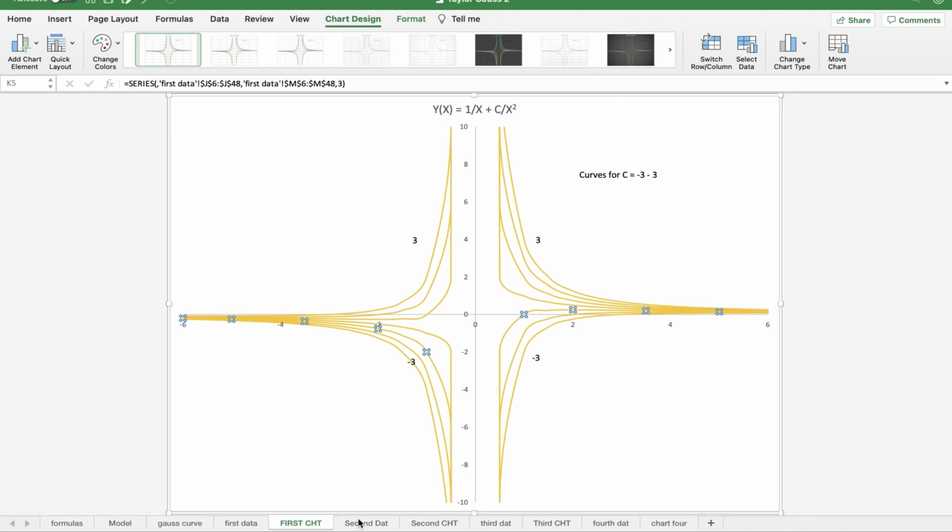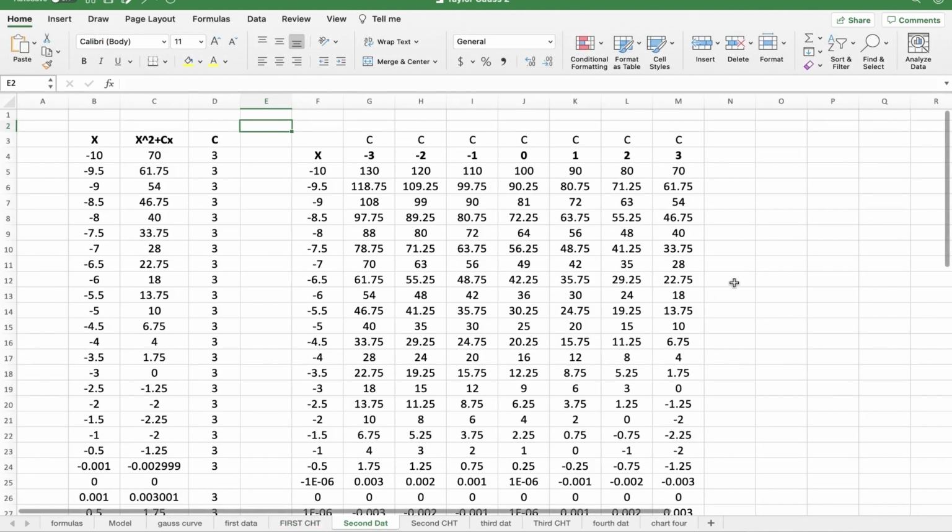So now we have the second function, which the solution was x squared plus cx. That was the solution to our differential equation. And again, I plotted for a family of c's between minus 3 and plus 3.